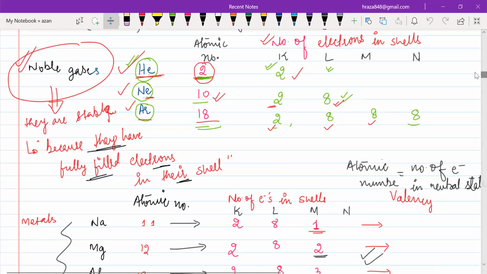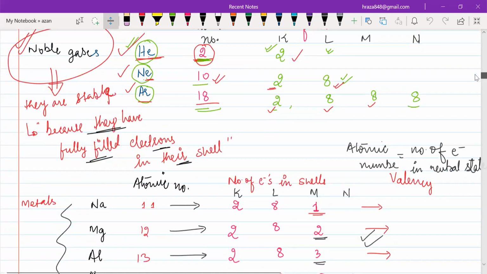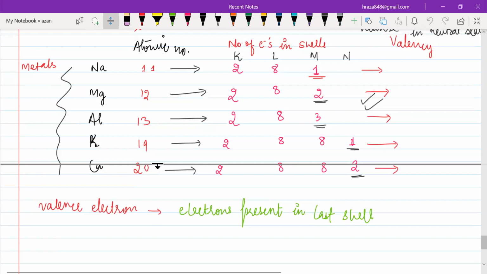Now, this was the electronic configuration of metals. Are you aware of this? Did you write it in the previous class? Yes.